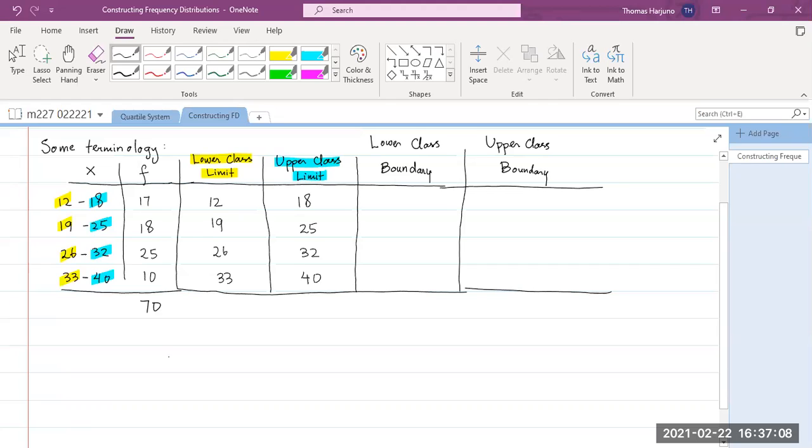Now, how do we get those lower class boundaries and upper class boundaries?